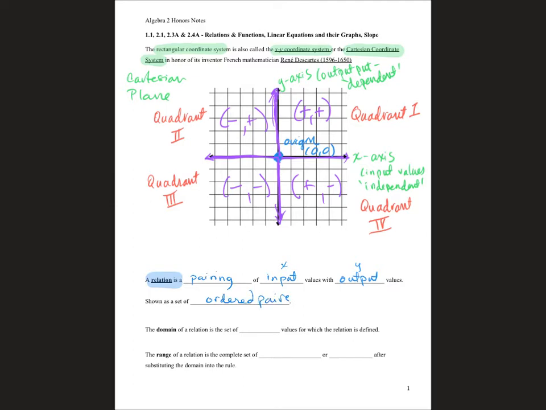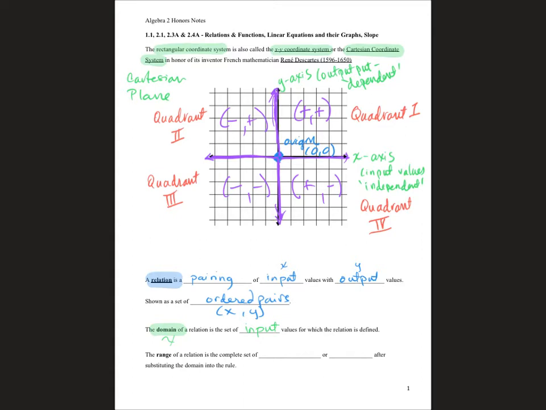And again, they are represented as an ordered pair, the X value first, then the Y value. And what we refer to as the domain of this relation, this pairing, is the set of input values for which the relation is defined. Those are our X values.